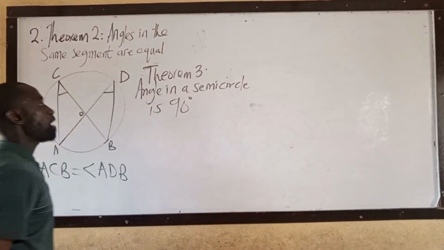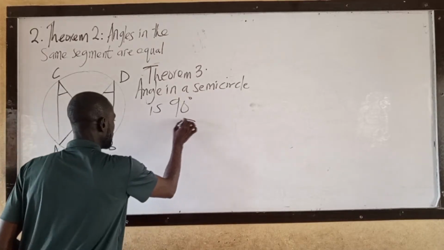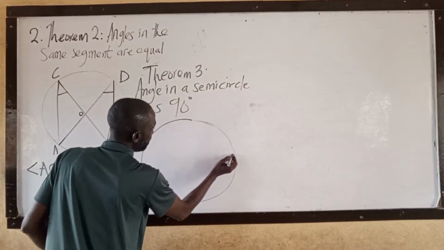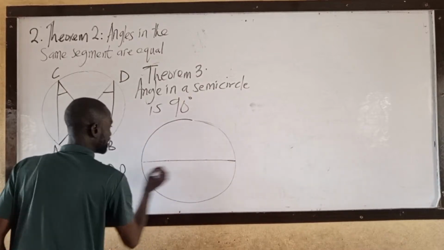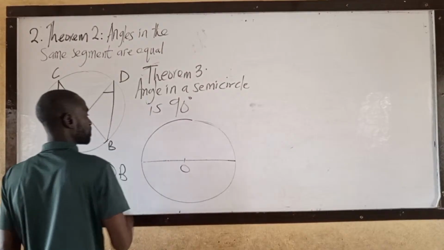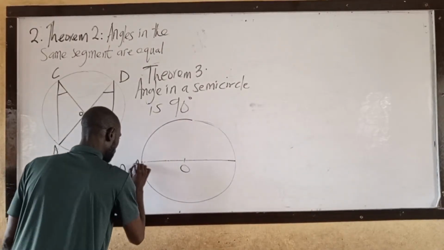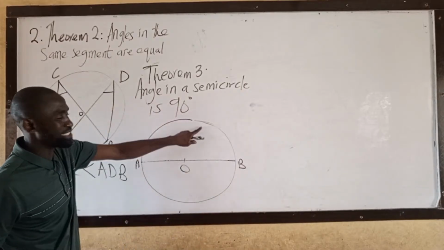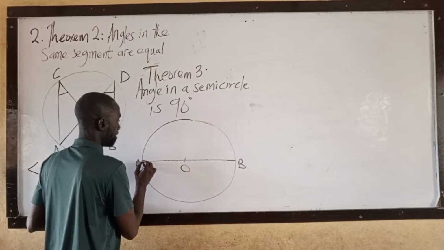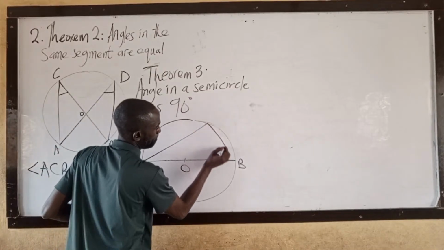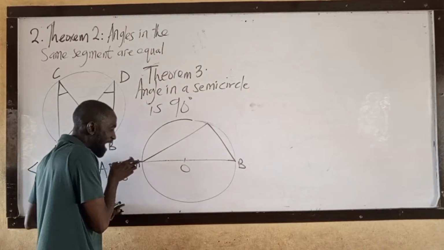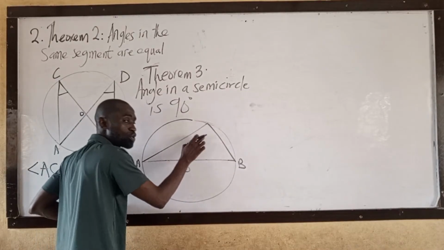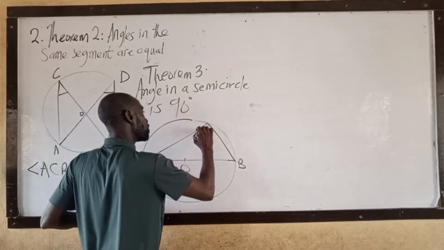So how will this angle be formed? You see the diameter here. This is the center. This is the arc AB. It is this arc that will now form the angle at the circumference. Once that arc is on the diameter, the angle that will form at the circumference is 90 degrees.